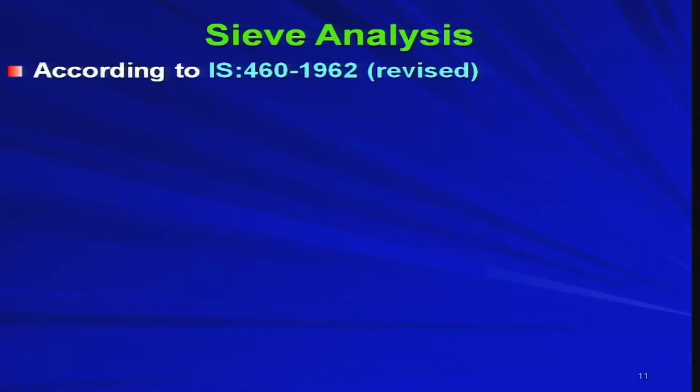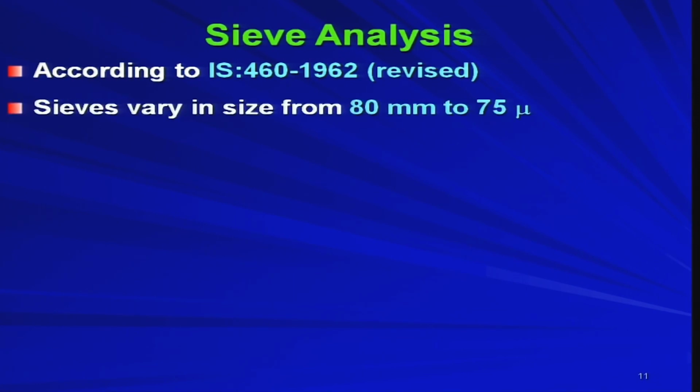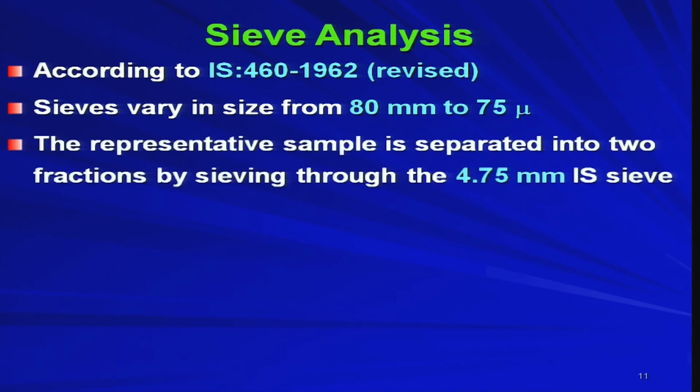Now, we are going to talk about the sieve analysis as per IS 460 1962 revised. Sieves vary in size from 80 millimeter to 75 micron. The representative sample is separated into two fractions by sieving through the 4.75 millimeter IS sieve.